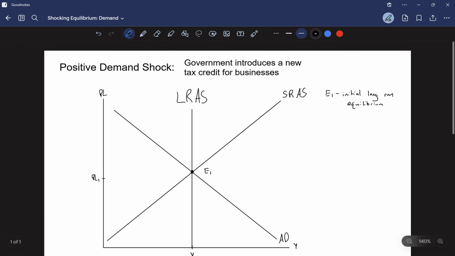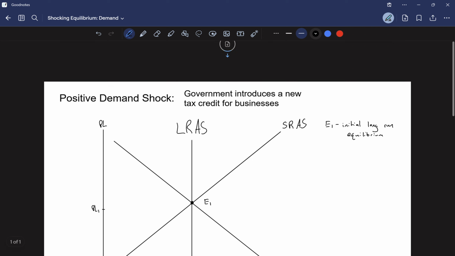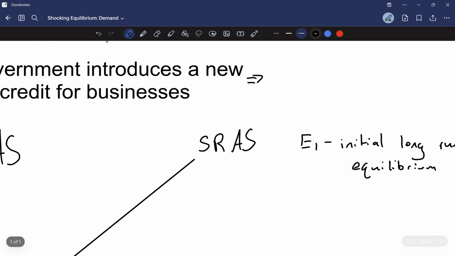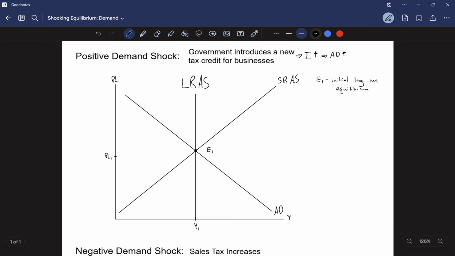Now, there's a lot of things that can shift aggregate demand, but today we'll be using the example of the government introducing a new tax credit for businesses. Now this will incentivize investment. So investment will go up, which will lead aggregate demand to increase. Now, how do we depict an increase in aggregate demand on the graph?